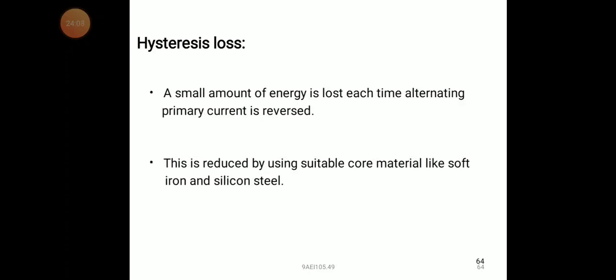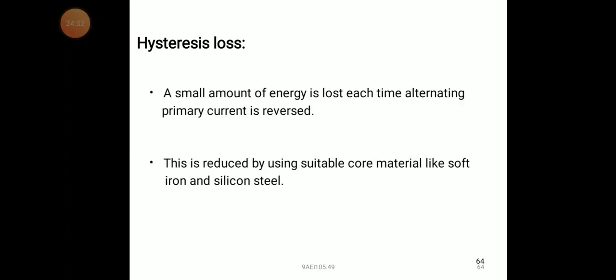We already know what hysteresis loss is: whenever the alternating flux moves from the positive cycle to the negative cycle and from the negative cycle to the positive cycle, some energy may be lost because of this alternating current.